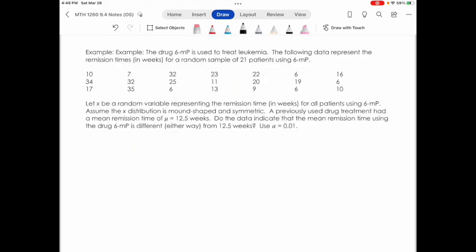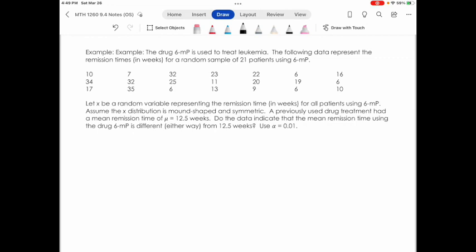In the second example, it says there's a drug, 6MP, that's used to treat leukemia. And the following data represents the remission times in weeks for a random sample of 21 patients using the drug 6MP. So all this data was collected, and then it says let X be a random variable representing the remission time in weeks for all patients using this drug 6MP.